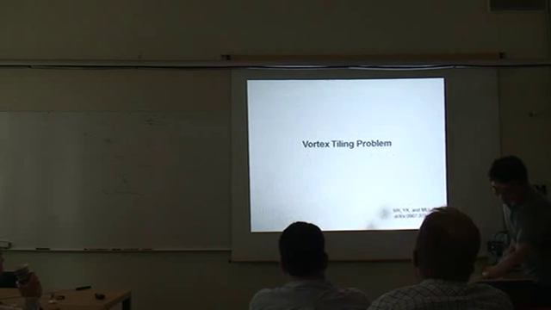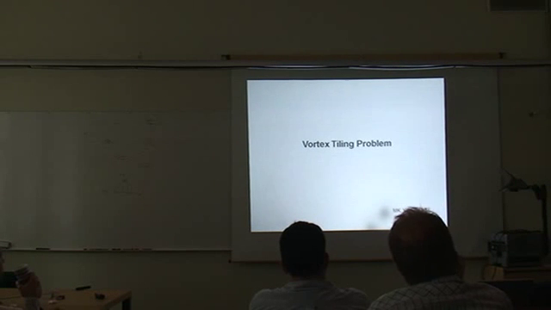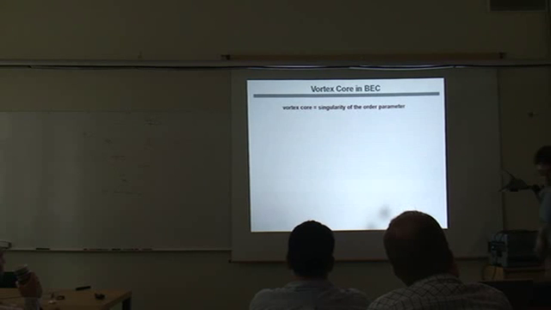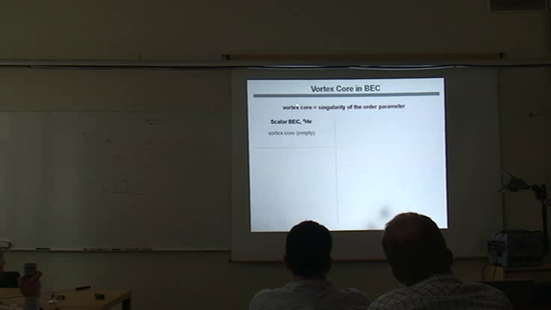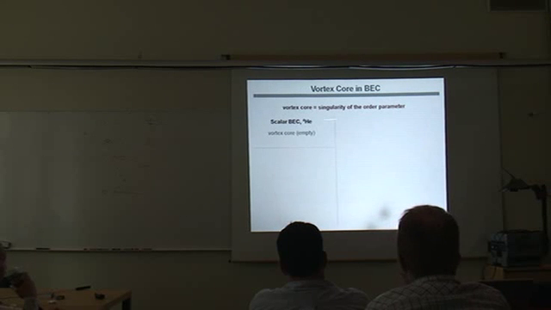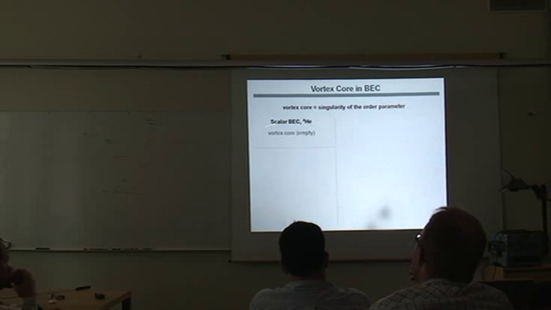Okay. So finally, let me discuss what we call the vortex tiling problem. A vortex core is a singularity of the order parameter. In the scalar BEC, since there is only one component, the vortex core has to be empty.